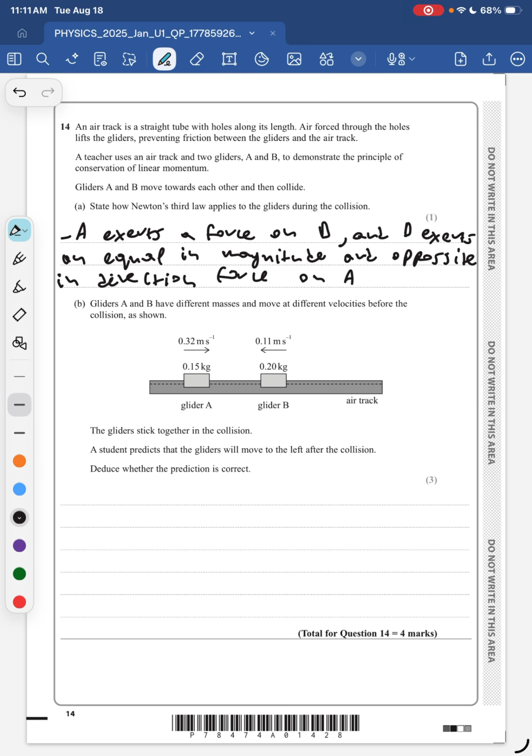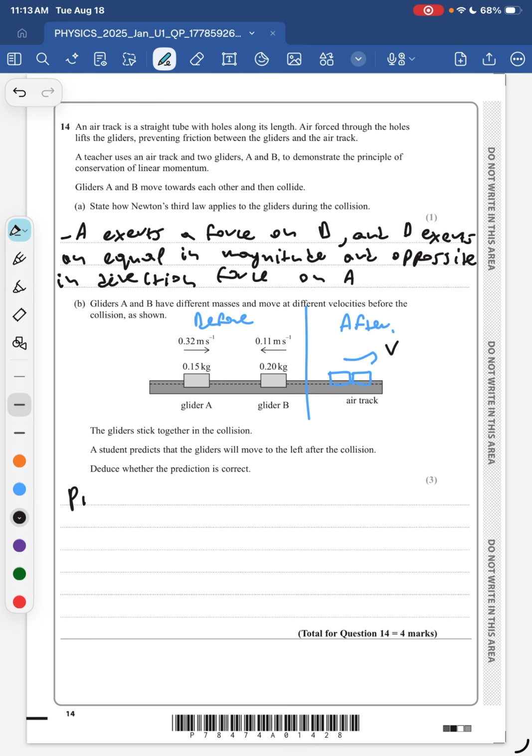So we can split the situation to before and after. Okay, so after we will assume that you have these two masses stick together, and let's assume that they move to the right. Okay, if we get a negative sign, it means that the two objects move to the left.